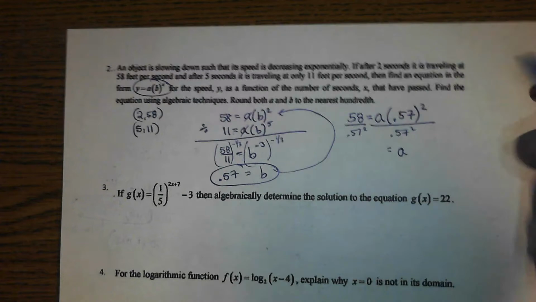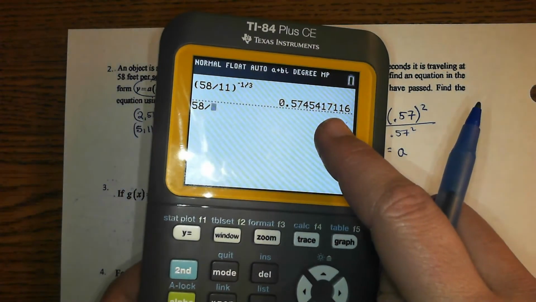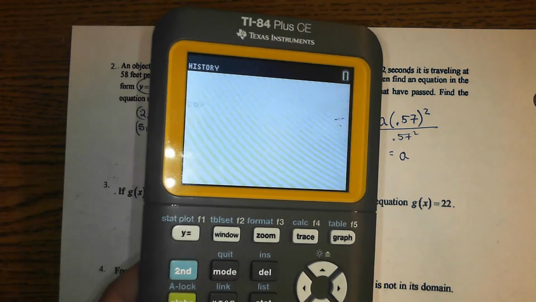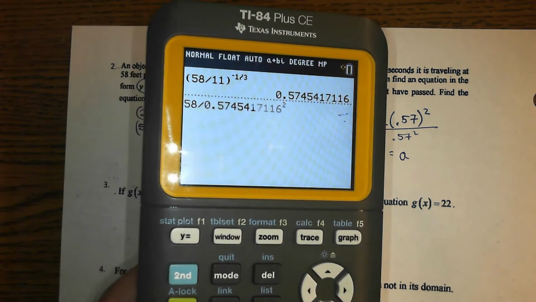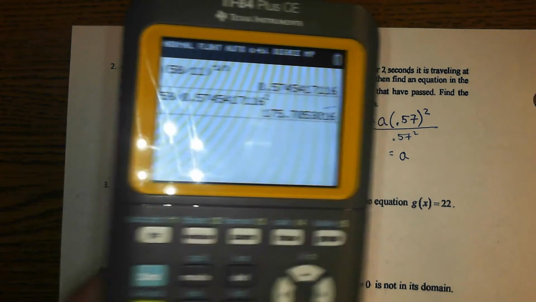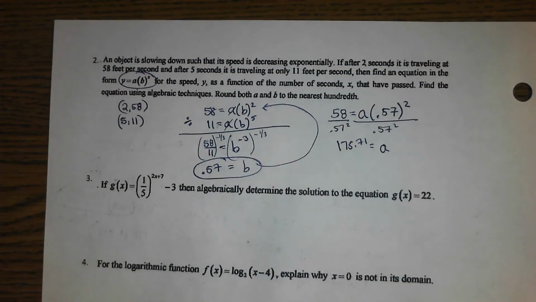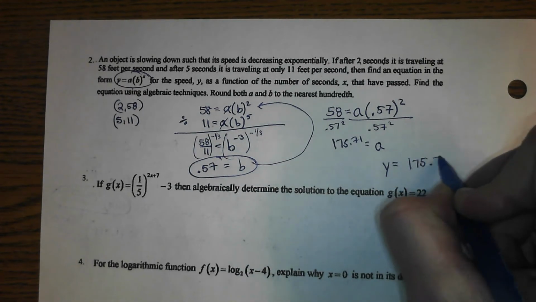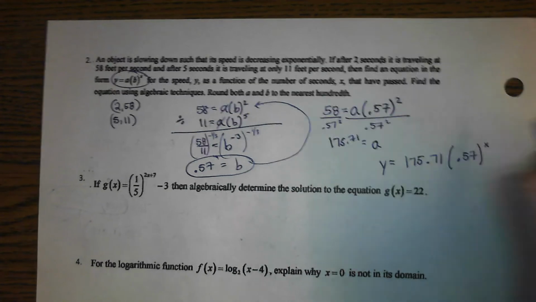So a will equal 58 divided by, if you want to keep it real exact, don't round the 0.57 in your follow-up calculation, divide it by that 0.57 squared, and you get 175.71. So now you write the equation. Y equals A times B to the x power.